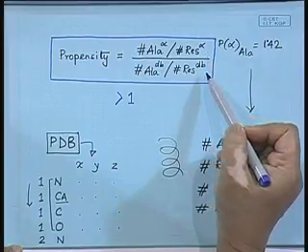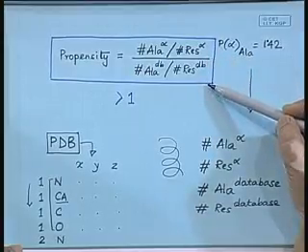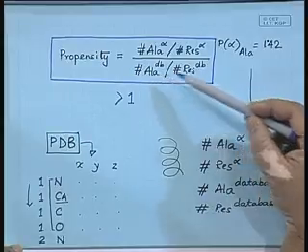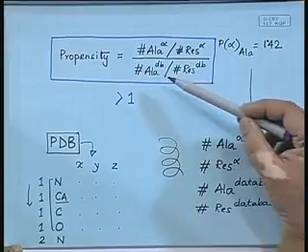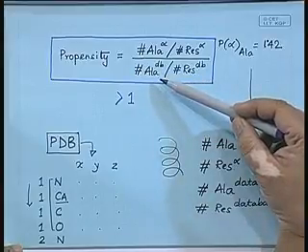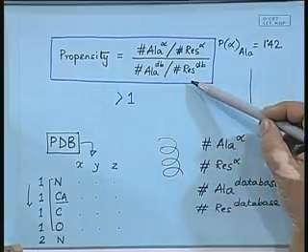This will give me some idea as to whether alanine is preferred in helices or not, because this gives me the number of alanine in the whole database, right? So, if I have say 8% of alanine in the whole database, I can calculate these as a percentage.